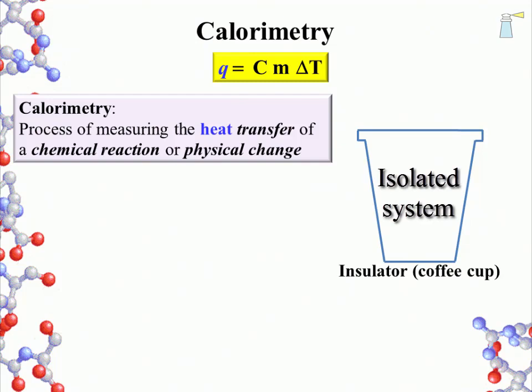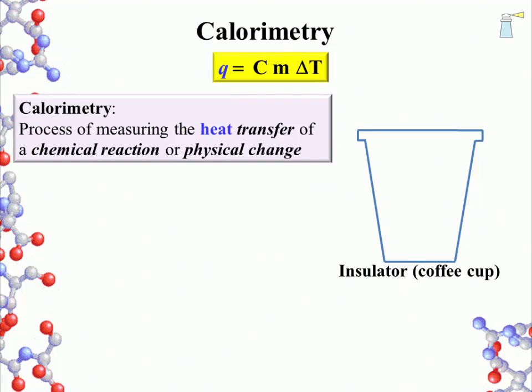A common laboratory experiment uses a coffee cup calorimeter and attempts to identify an unknown metal by determining the metal's heat capacity and comparing that experimental measurement to a list of heat capacities of well-known metals. Let's run through an example of the setup to familiarize ourselves with the process of calorimetry.